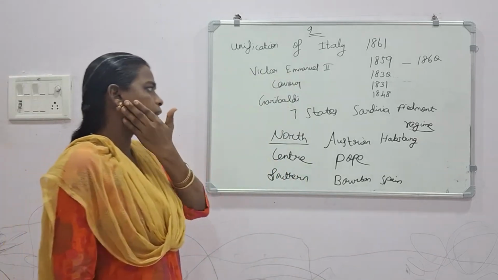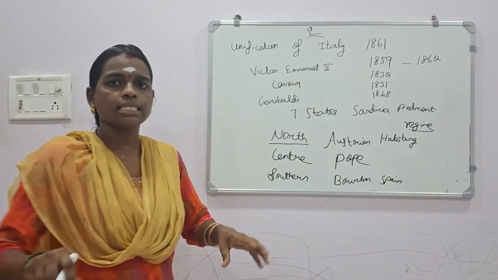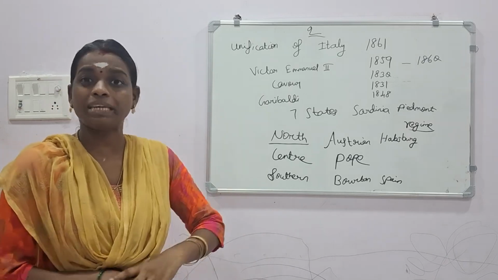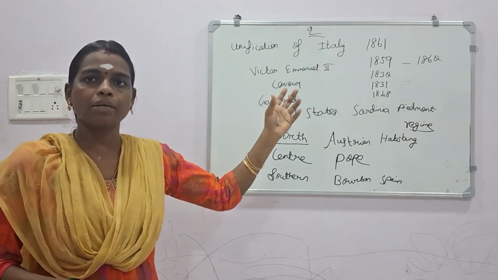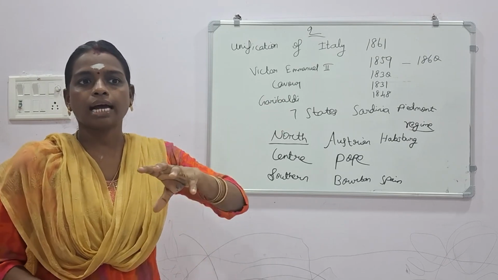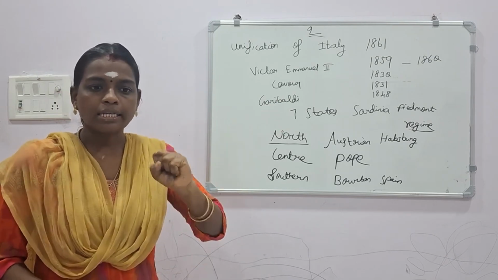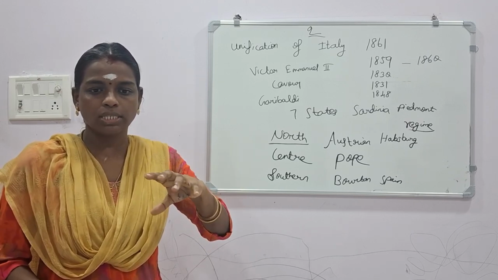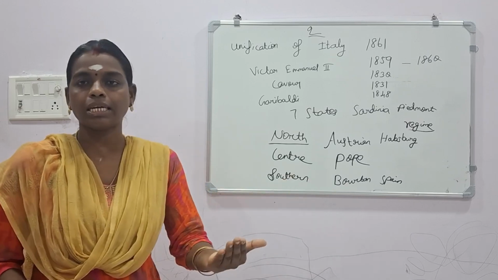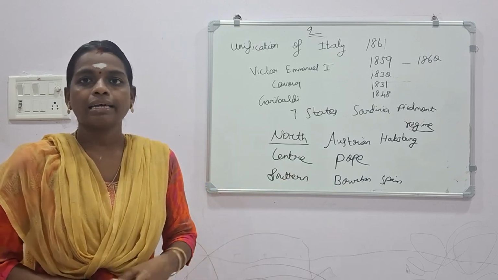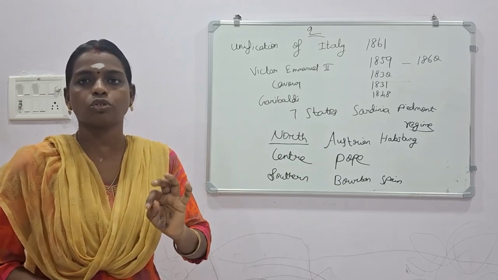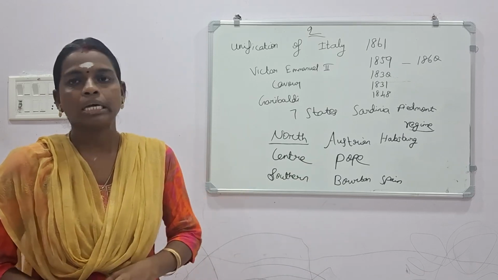So actually the people were scattered and they were ruled under many dynasties. Before the formation of Italy, it was scattered, and each and every place was under the control of a different kind of dynasty. Habsburg was also one of the dynasties that controlled Italy.